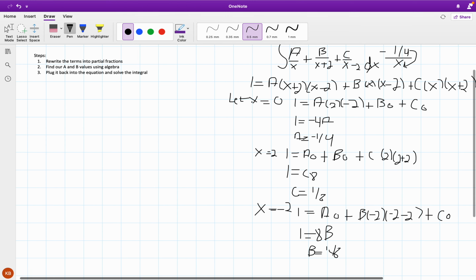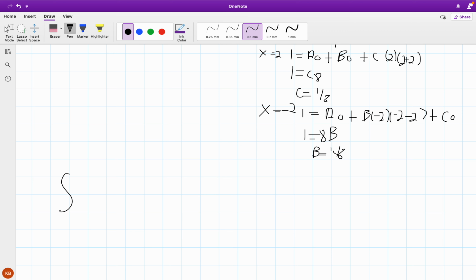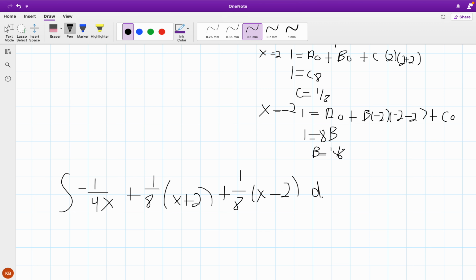So our integral is going to look like negative 1 over 4x plus 1 over 8 times x plus 2 plus 1 over 8 times x minus 2, dx.